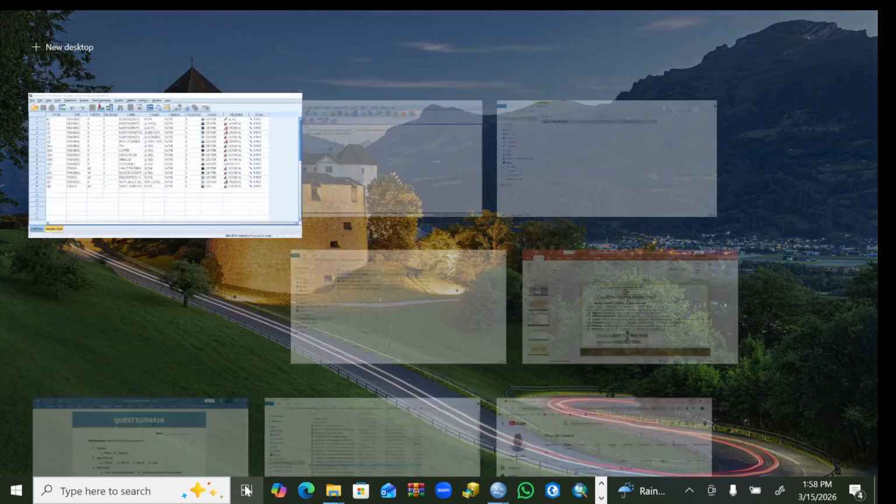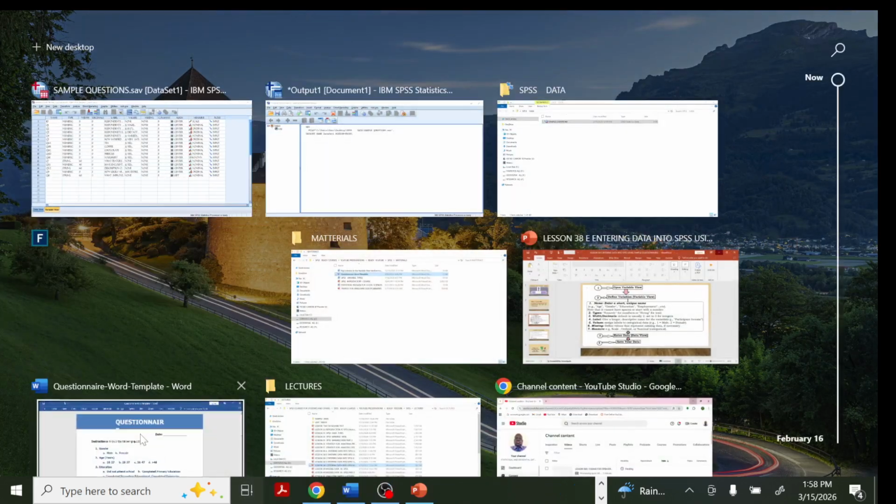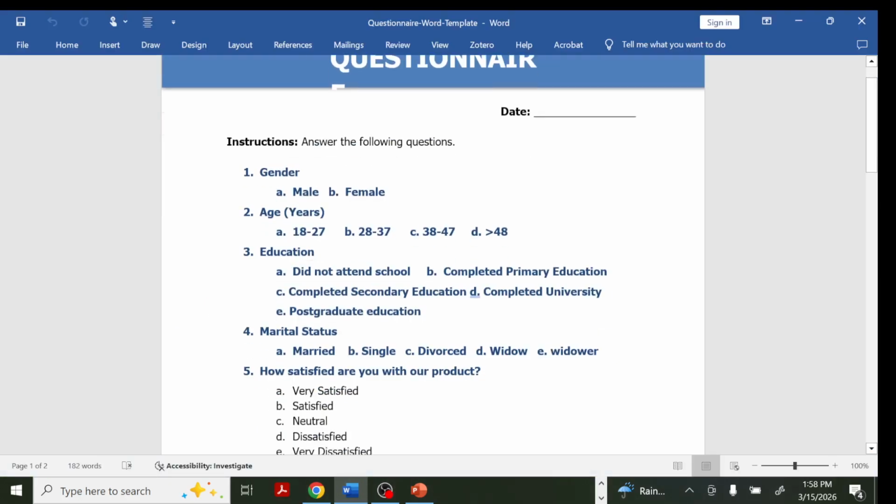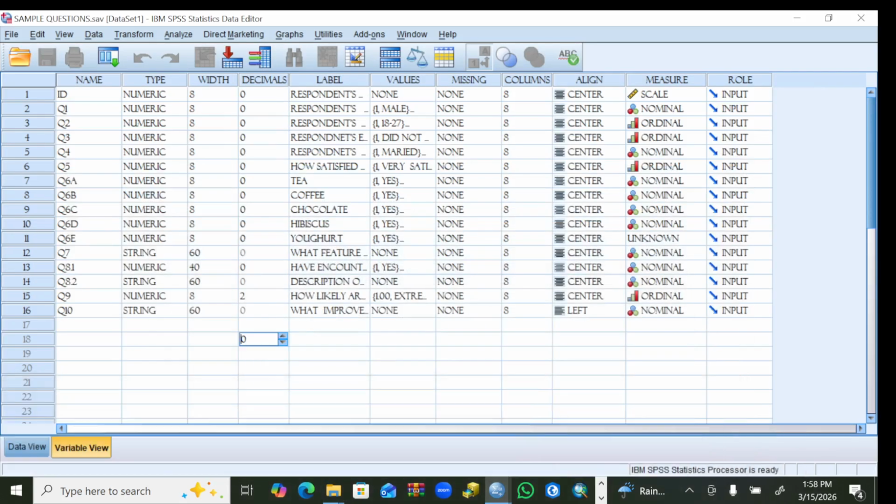Okay, we look at the questions. The first question is gender. We assume that this is our respondent number one. So we go to the questionnaire here to the SPSS. We check what we have done. This one is nominal.